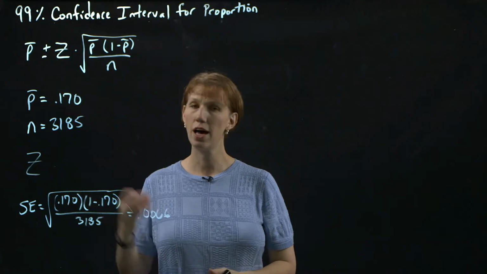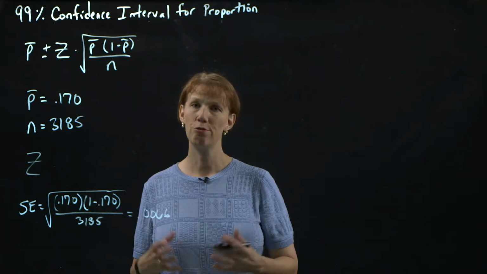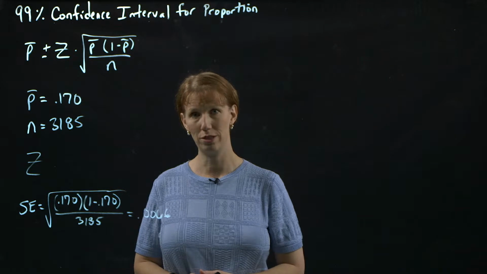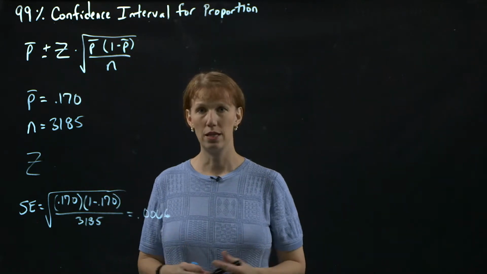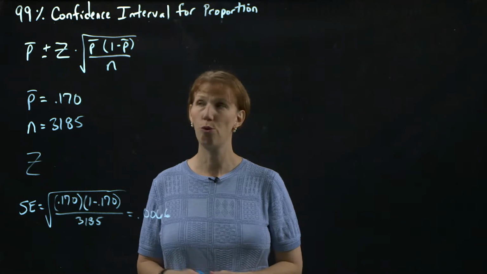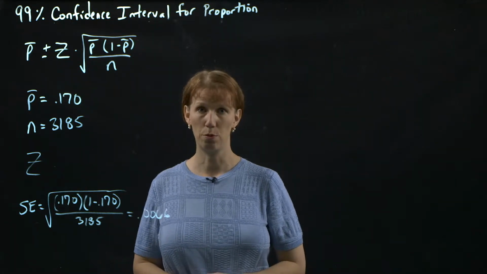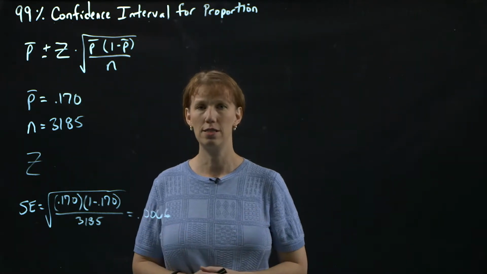So the third part that we need to be able to identify for the purpose of constructing the interval estimate is the value of Z, which is coming from the standard normal distribution. Recall that the standard normal distribution represents the sampling distribution for P bar, the sample proportion, that particular statistic.